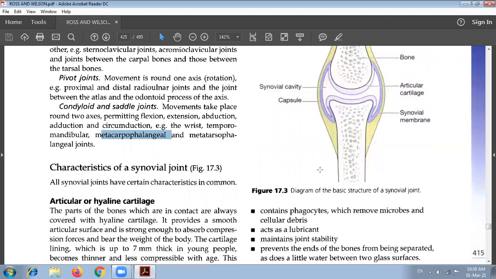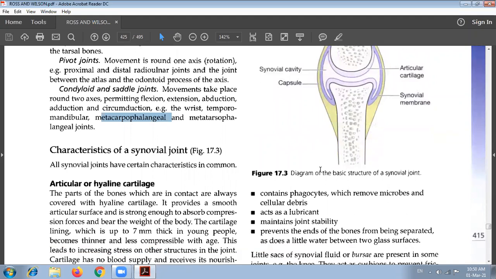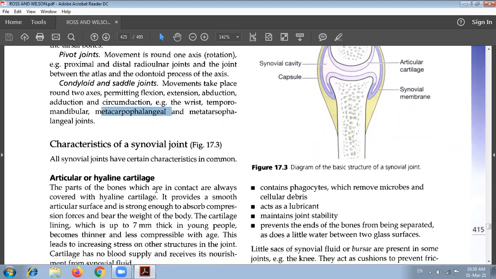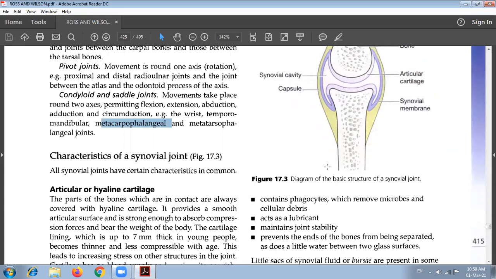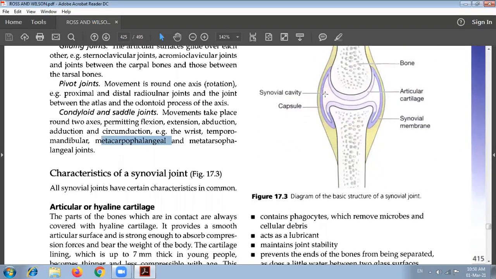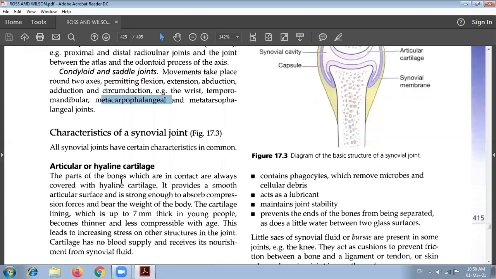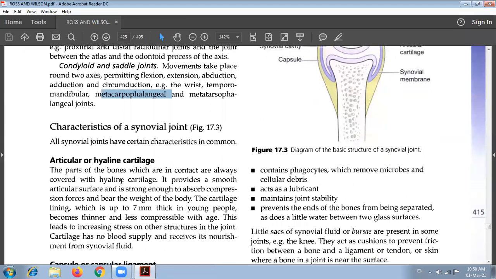Let us see these characteristics of synovial joint. All synovial joints have certain characteristics in common. Articular or hyaline cartilage. Here you can see this is the articular cartilage. So this is made up of hyaline cartilage.